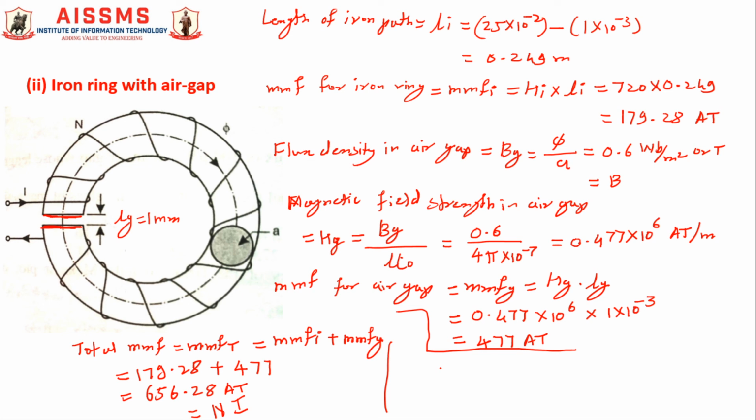So N into I is equal to 656.28. Therefore, current I, which is flowing through the coil now, is equal to total mmf 656.28 divided by number of turns, that is 120. So it is equal to 5.8 ampere.